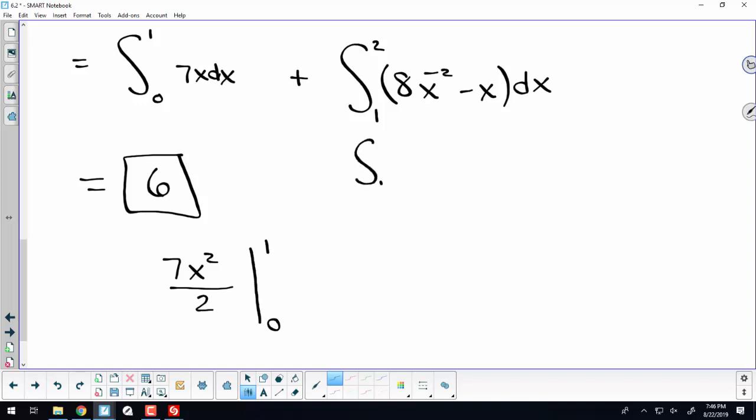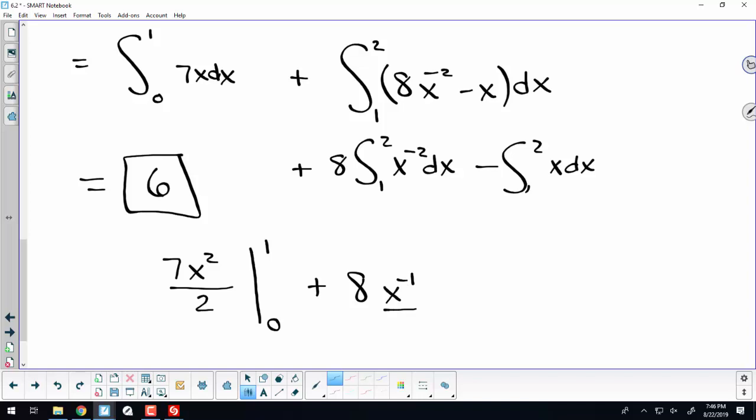Maybe the way we're thinking about this is the constant comes out, we're integrating just x to the negative 2, minus the integral 1 to 2 of x dx. Okay, so we have 8, add 1 to the power, divide by the same result, and add 1 to the exponent, divide by the result. And then this one, evaluated from 1 to 2.